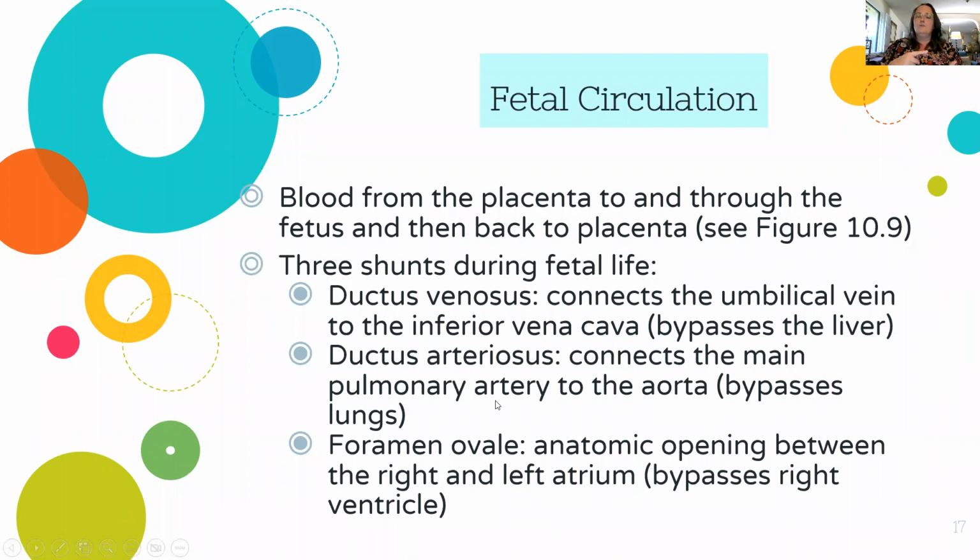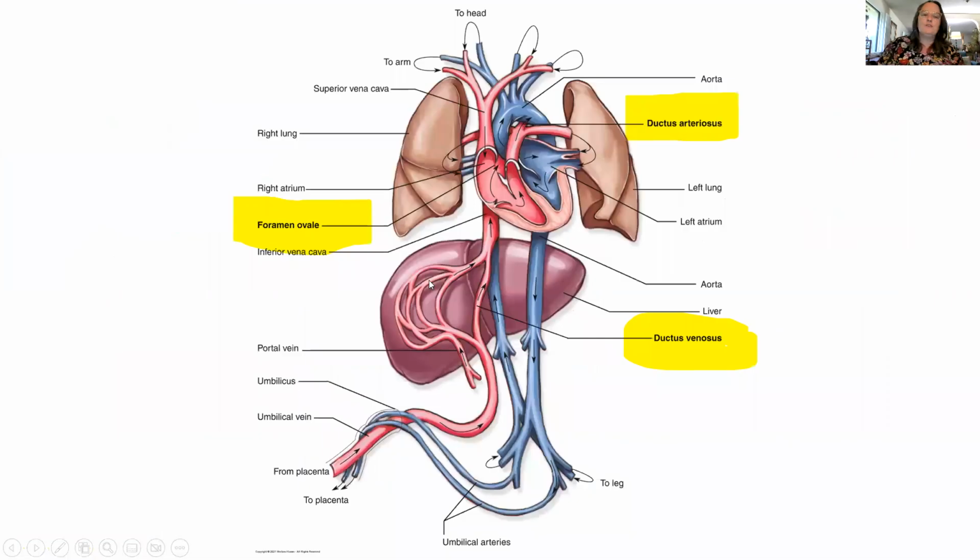You want to know the 3 and understand where they are, because it's key to looking at a newborn transition and understanding the differences between fetal circulation and newborn circulation. And here is a picture. The ductus venosus bypasses the liver, because the liver doesn't really need to be used as a fetus, because the mom's body and placenta are managing those functions for the fetus.